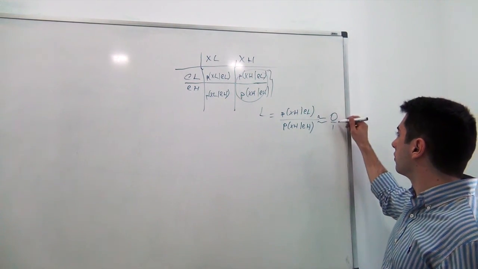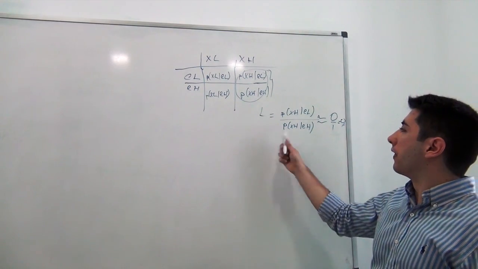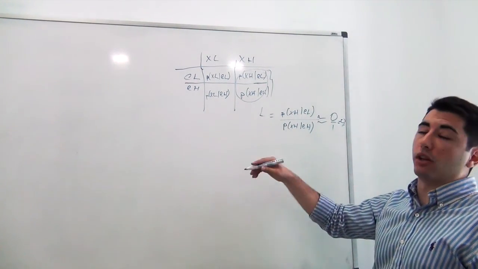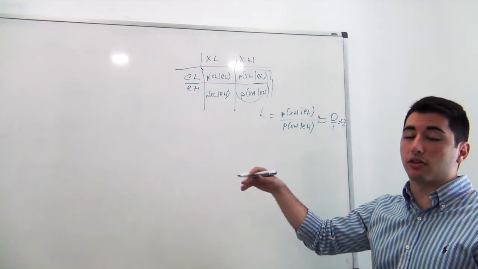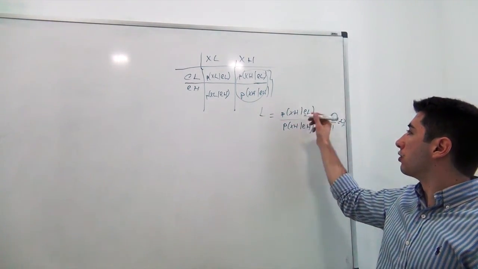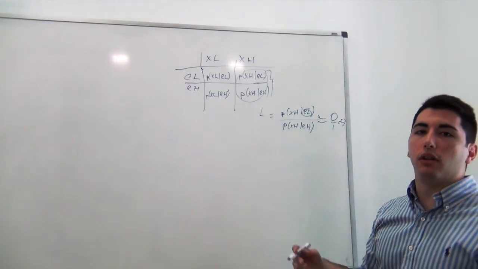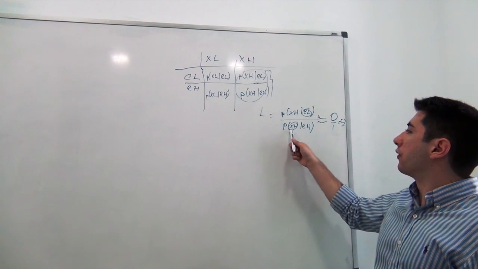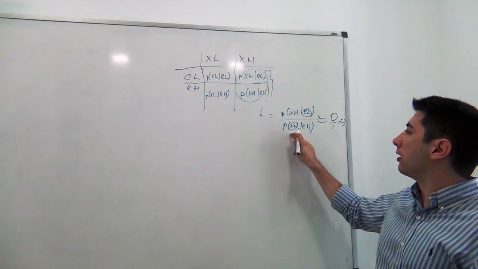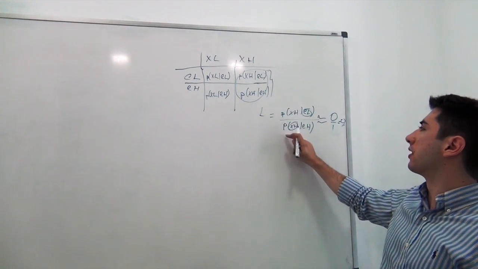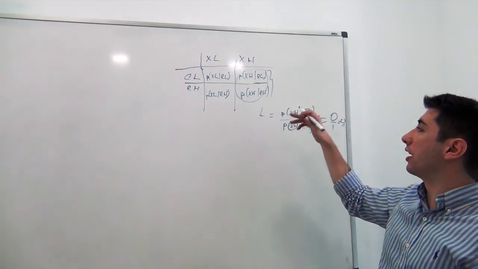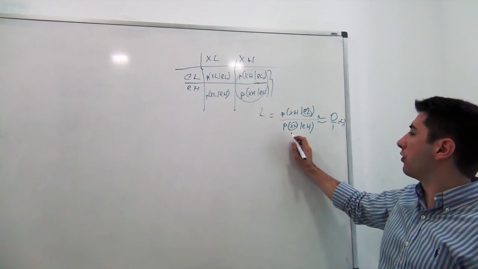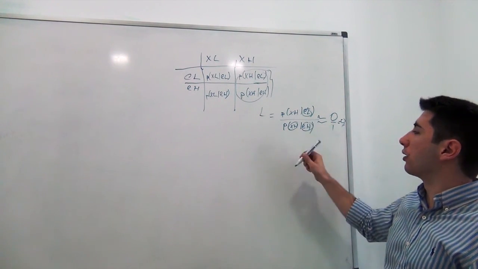Then whenever the principal observes the low outcome, he's going to know that the agent chose this level of effort, and then he's going to pay very low. If he observes the high outcome, it's because he chose that one.